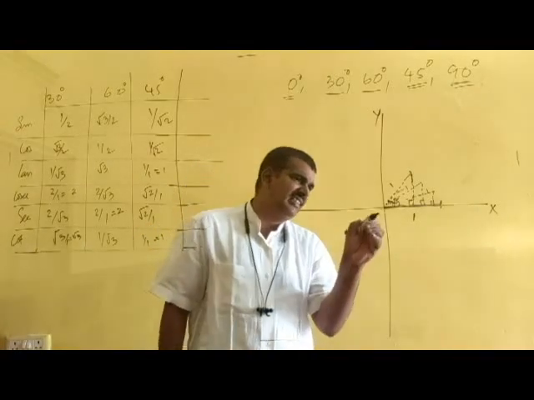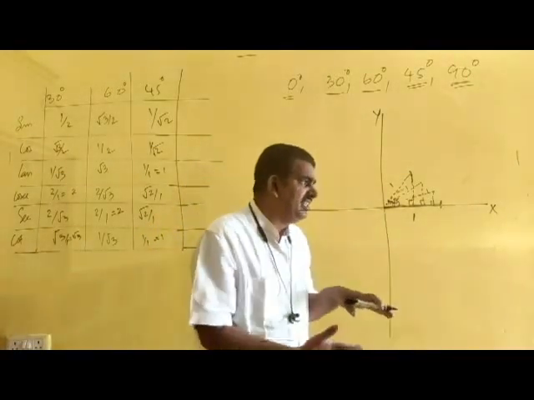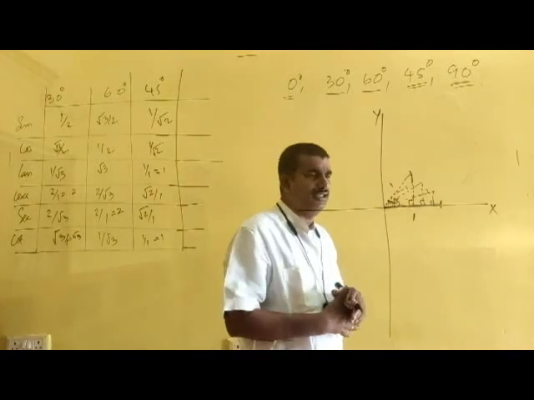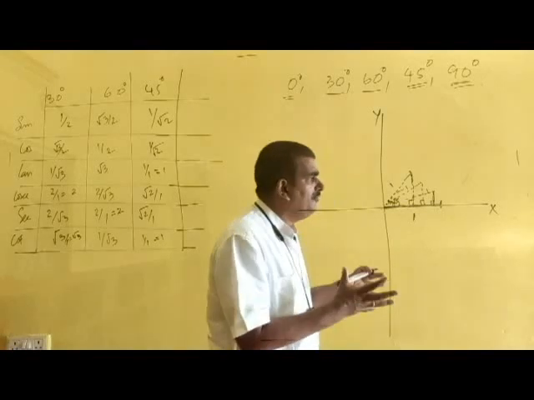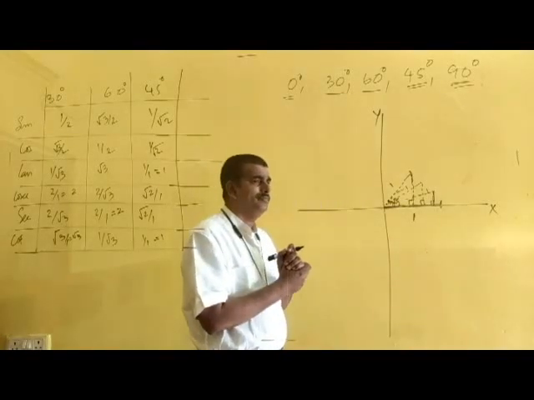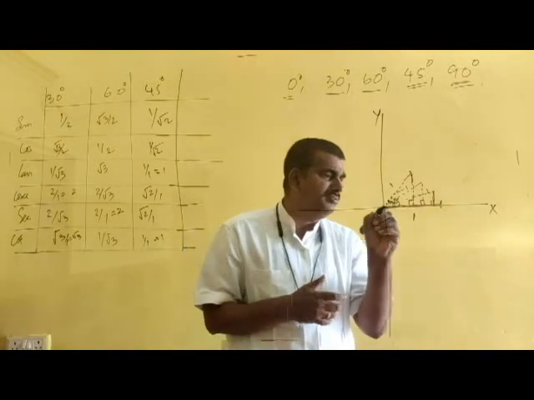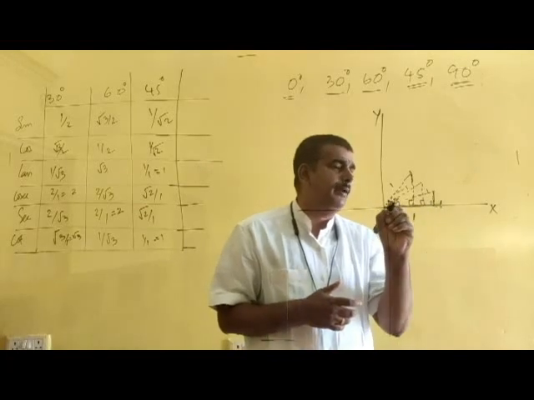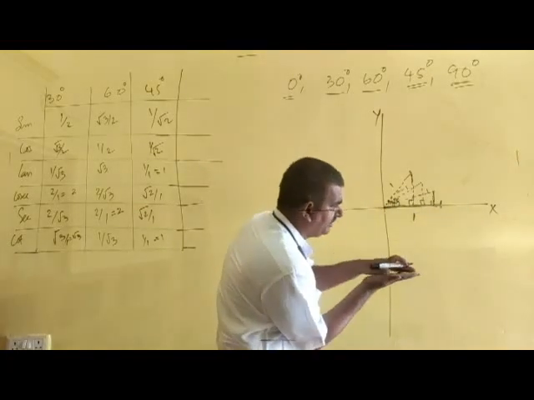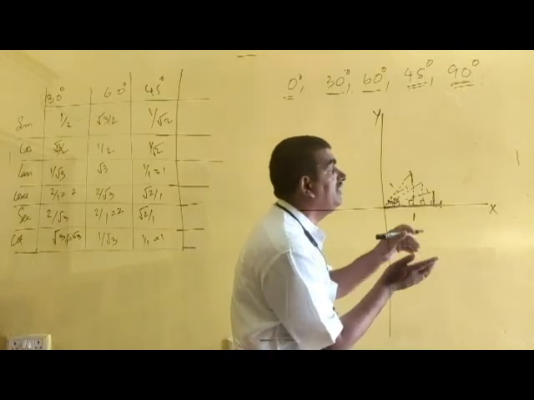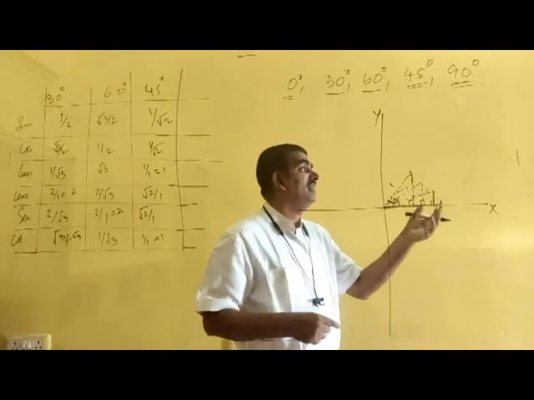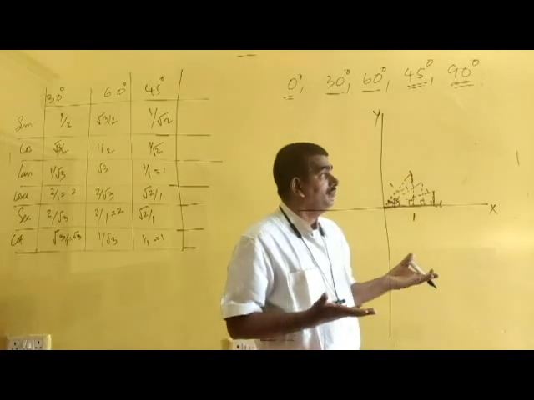Now this theta is decreasing and decreasing, and it is very close to 0. At that time, the opposite side also will be very close to 0. And if it is almost 0, at that time the hypotenuse and adjacent side will coincide with each other. Both will be the same and the opposite side will be 0.